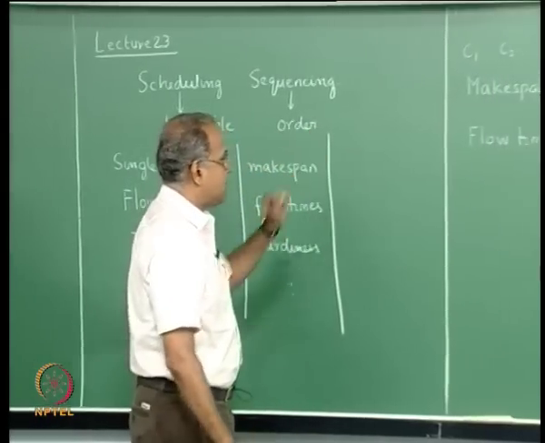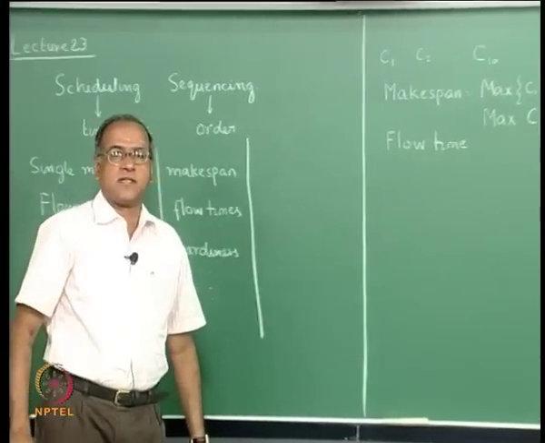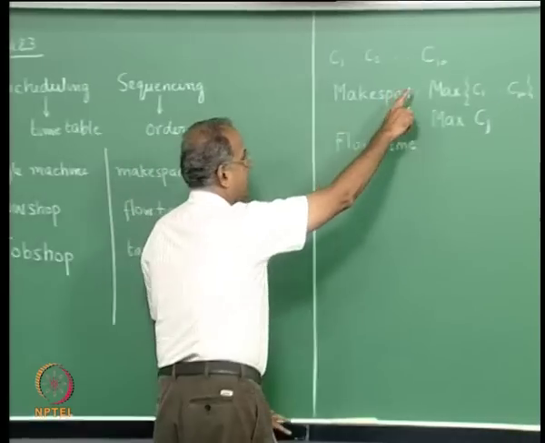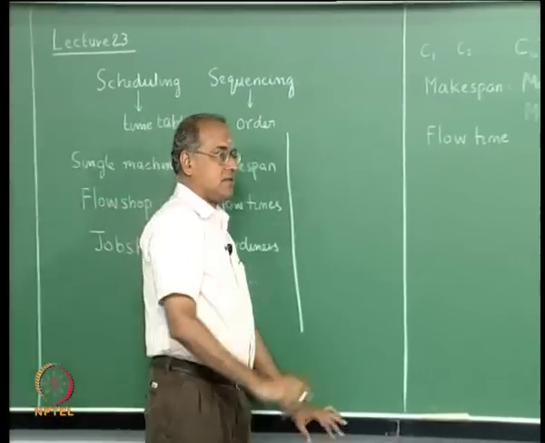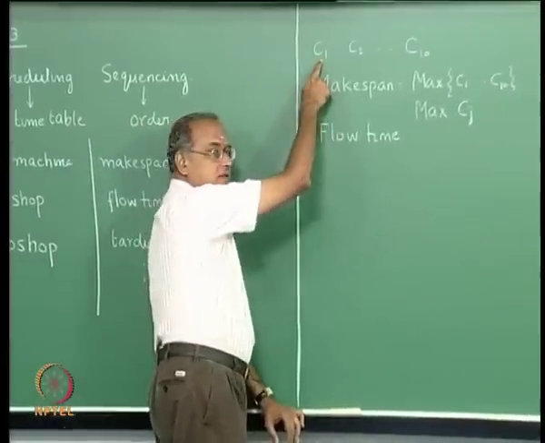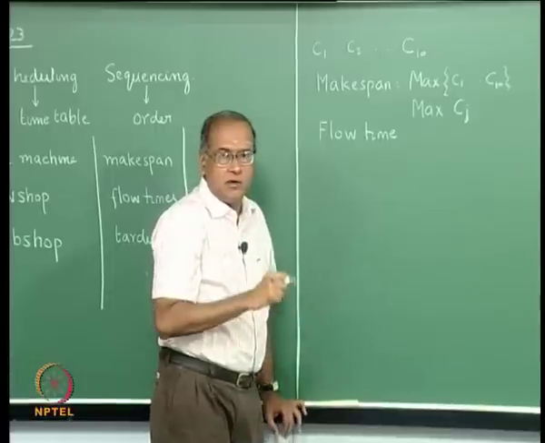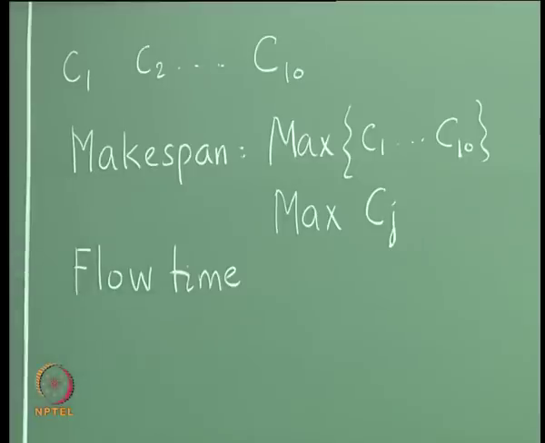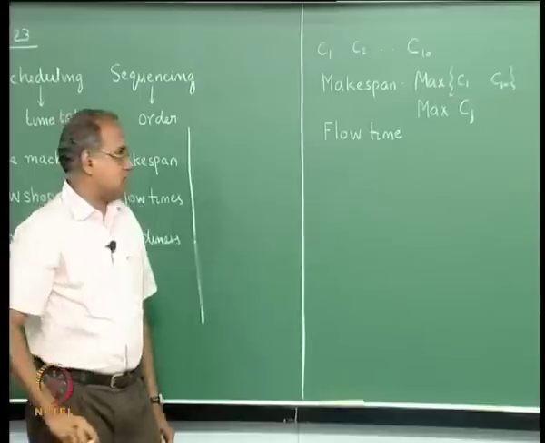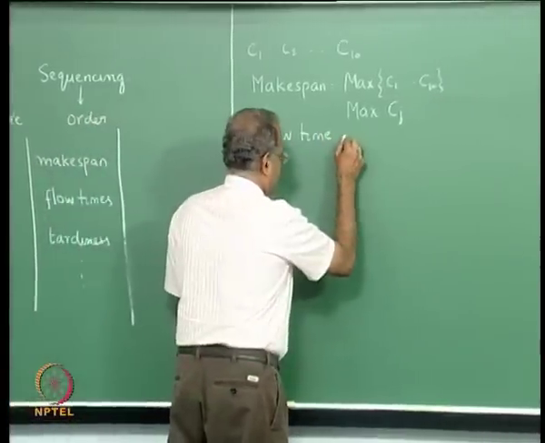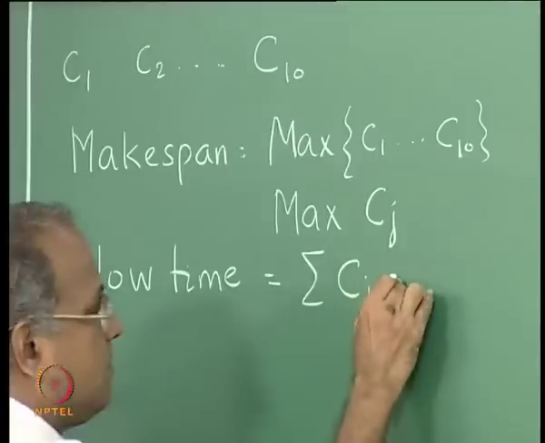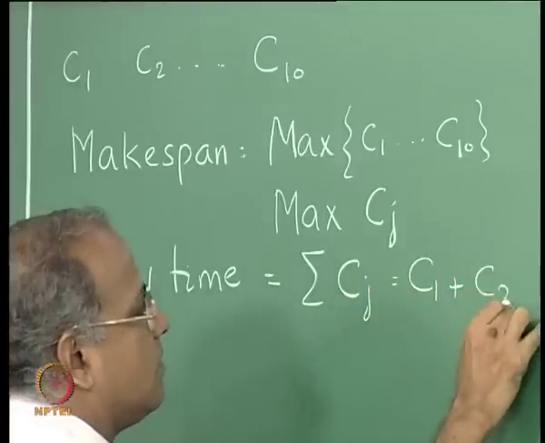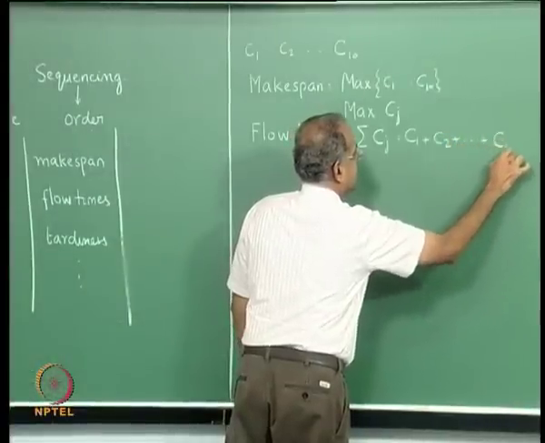So, if all of them have come in at time equal to 0, and if there are 10 jobs or parts processed in the system, then the first one stays for a period C1 between 0 and C1, the second one stays for a period C2 between 0 and C2, and so on, and the flow time will be sigma Cj equal to C1 plus C2 plus ... plus C10.